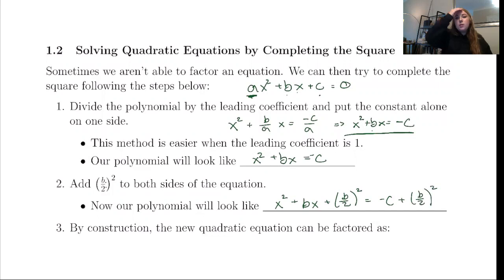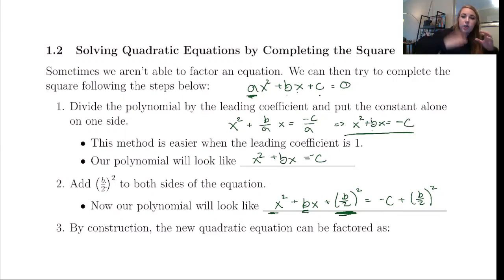So the reason that we do this is because given that the coefficient of X squared is 1 and the coefficient in front of X is just B, I can choose this constant. I can choose this constant such that I pick what it's going to factor to.